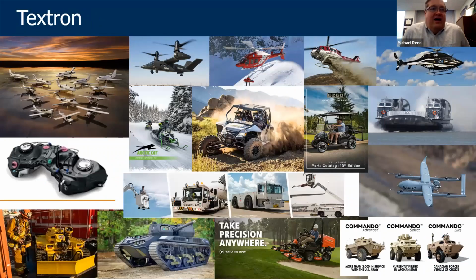Textron, what are we? This is just a quick slide of some of the products that Textron makes. We're a company that nobody knows, but they all know the products that we have. Our aviation businesses: Beechcraft, Cessna, Hawker, Bell Helicopter. We own Arctic Cat and E-Z-Go Golf Cars and a ton of other companies. Our most recent acquisition is a company called How and How out of Maine, close to my heart.